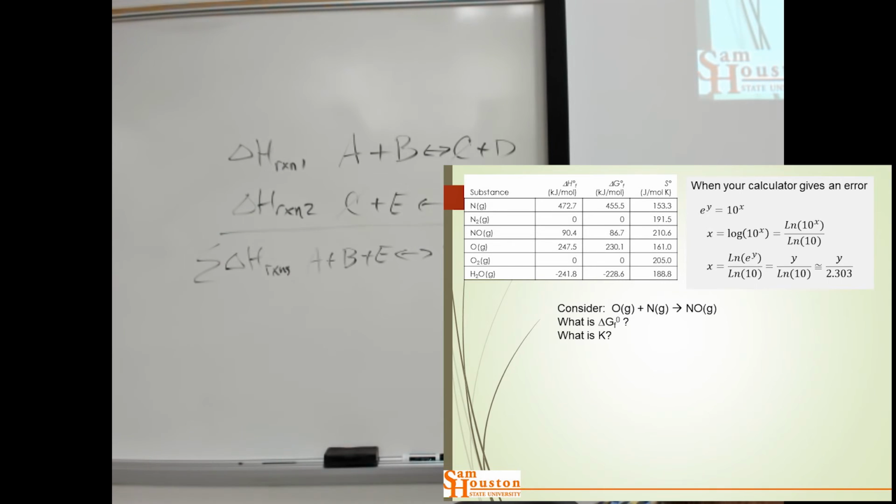So e to the y is equal to some 10 to the x, right? And so x is the log of 10 to the x, and that's equal to the ratio of the natural logs. And so this is your x value. 10 to the x, that x is y over 2.303. So this is equal to 10 to the 250 over 2.303.